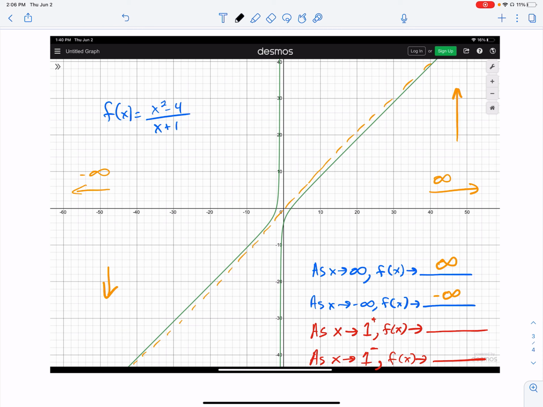So the first one is saying, as x goes to 1 from the positive side or from the right-hand side. So x is equal to 1. That so happens to be the vertical asymptote. As the x value goes close to 1 from the right, that's what the 1 plus means.